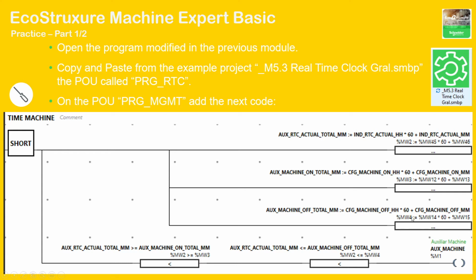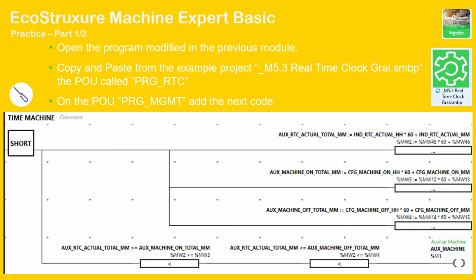So we can translate everything in minutes, and then we can make a comparison about the time that the machine is enabled. Okay, so if the actual time is bigger than the time that the machine should be on and lower than the time that the machine should be off, the machine should work. Okay, so let's try to put this into the software.